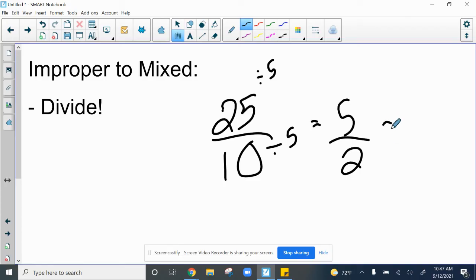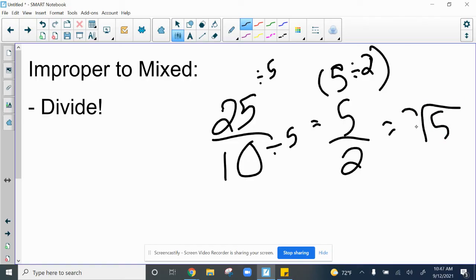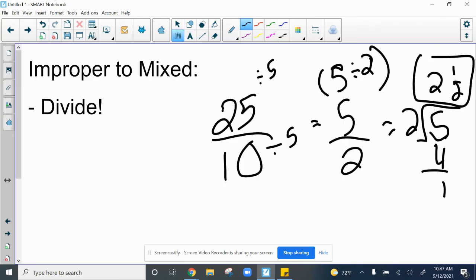All right, hopefully you were saying that this would mean 5 divided by 2. 2 fits into 5 2 times. You would get 4, and subtract, you would have a remainder of 1. So this would be 2 and 1/2, because our remainder is 1 and our denominator is 2.